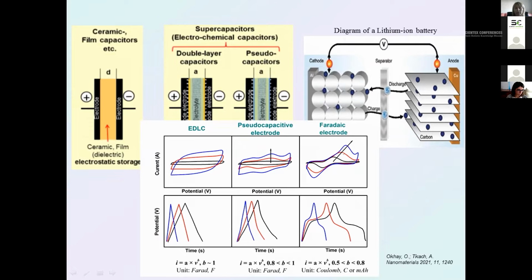But in the case of a battery, we see a peak in the cyclic voltammogram that can change with increasing potential. It means that in a battery we have incorporation of charge inside the electrodes, but in the case of supercapacitors we see it only between the electrolyte and electrode, or sometimes on the top of the electrode.